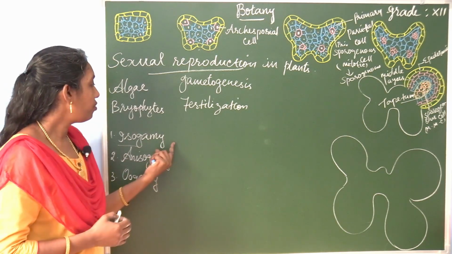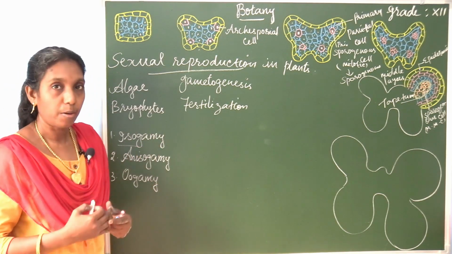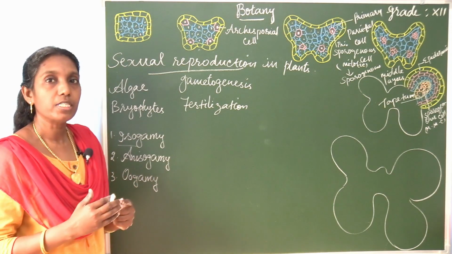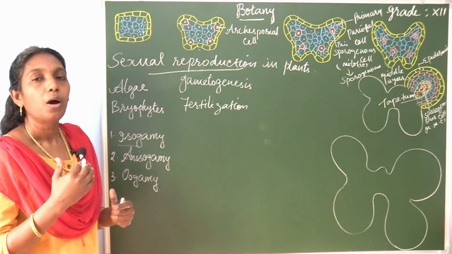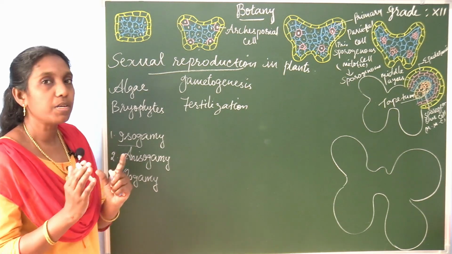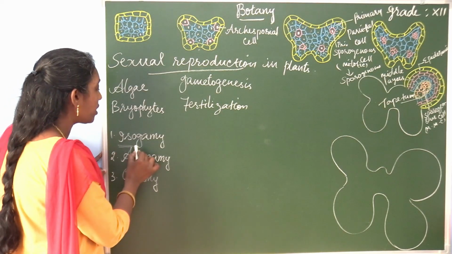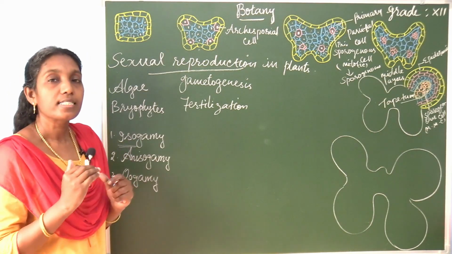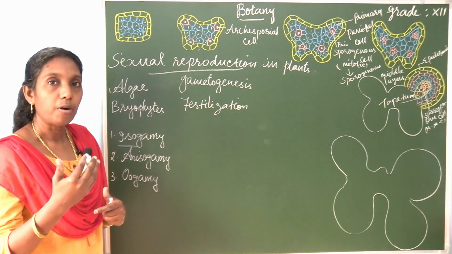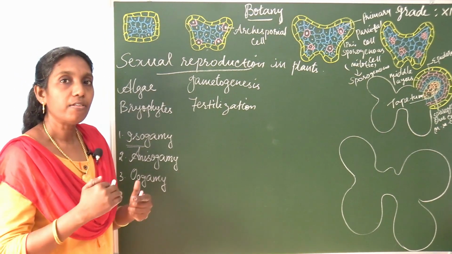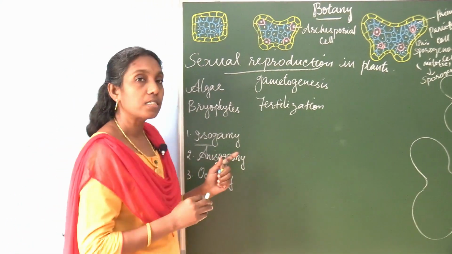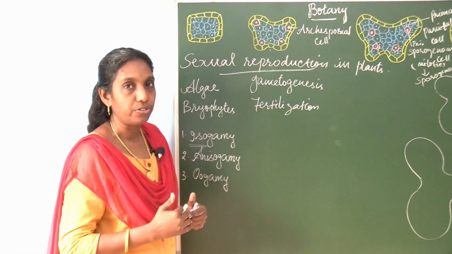So, in isogametic fusion, the gametes are morphologically and physiologically similar. As the name indicates, iso, similar gametic fusion. Morphologically and physiologically the gametes are similar. That is named as isogametic fusion.